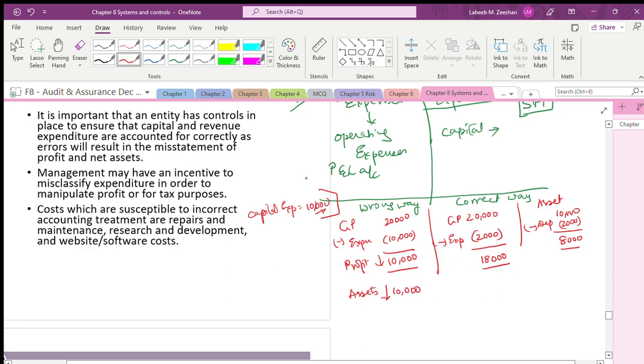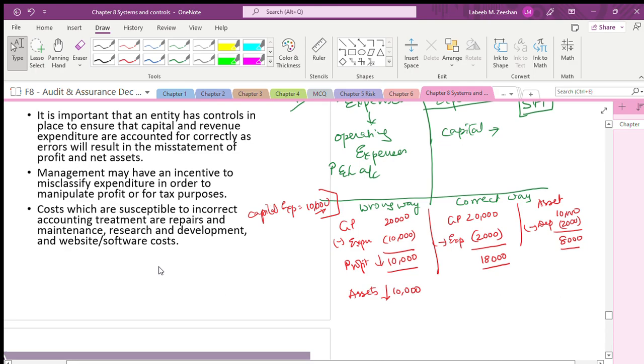As an auditor, whenever there is capital expenditure and revenue expense, we have to ensure that capital expenditure is treated as capital expenditure and revenue expenses are treated as revenue expenses. If they give you a question, they will give this point only, as simple as that.